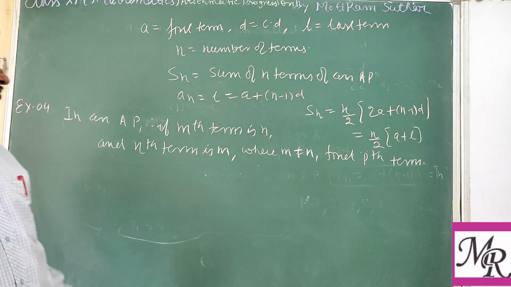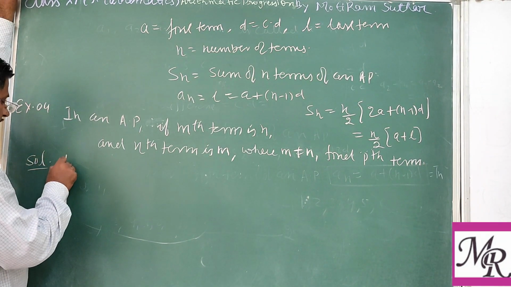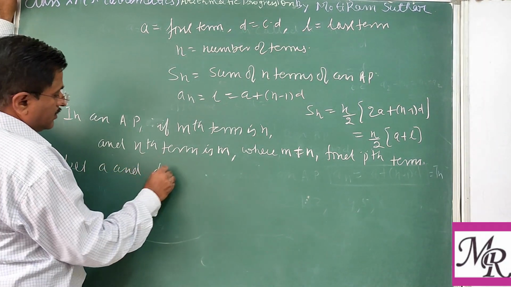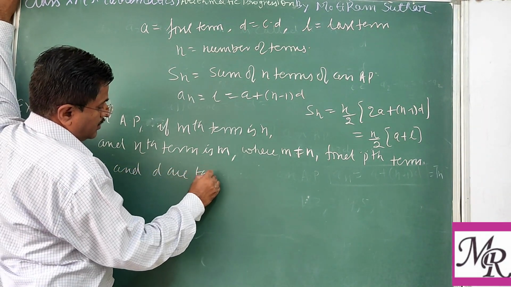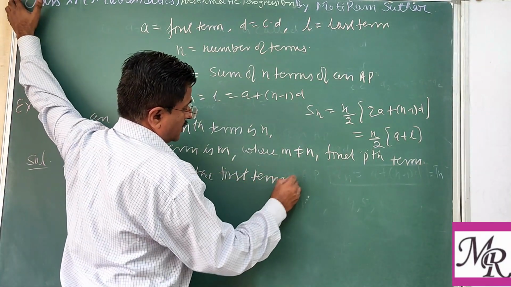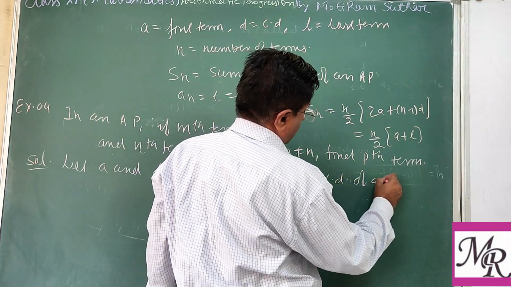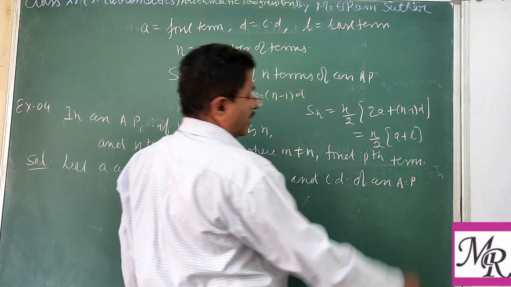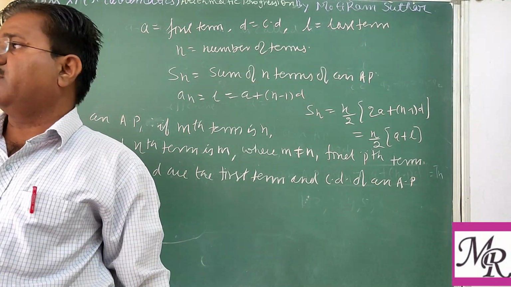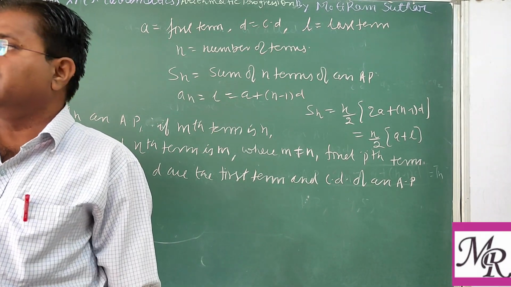So for such a type of problem, we consider let a and d be the first term and common difference of an AP. As generally we suppose for an AP, the first term is a and the common difference is d.